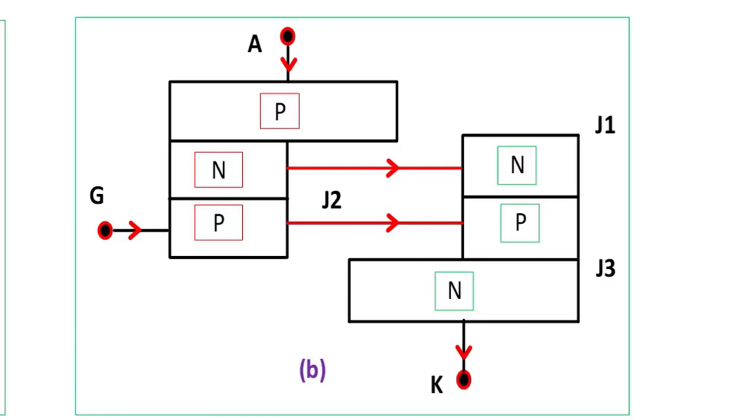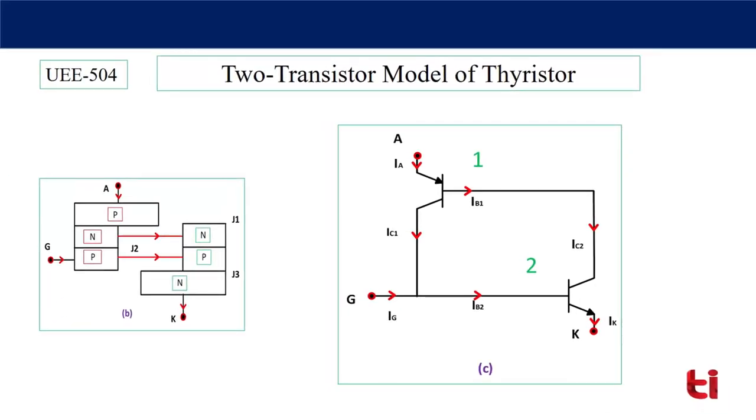Now we will discuss how this gate current will trigger the SCR, or how anode to cathode current will flow by applying a small amount of gate current. Let's see diagram C. We can see two transistors, transistor number 1 and 2.